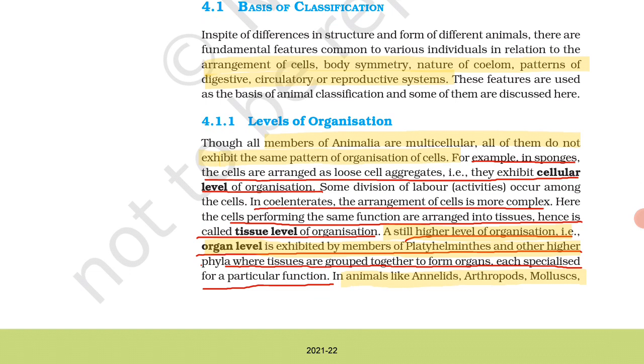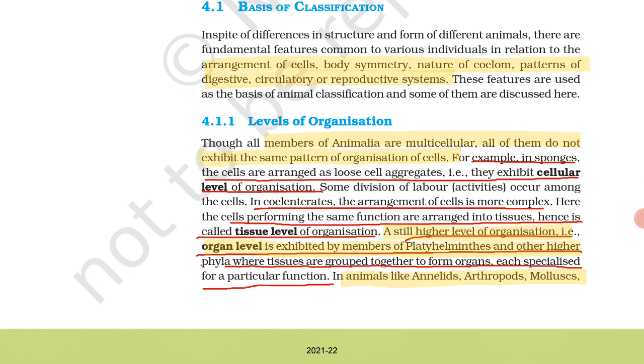Next, some division of labor occurs among the cells. In coelenterates, the arrangement of cells is more complex. Here, the cells performing the same function are arranged into tissues, hence it is called tissue level of organization.